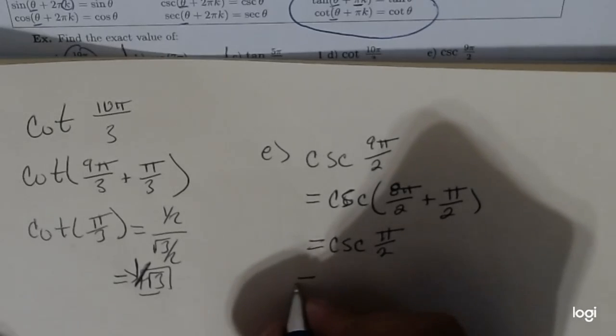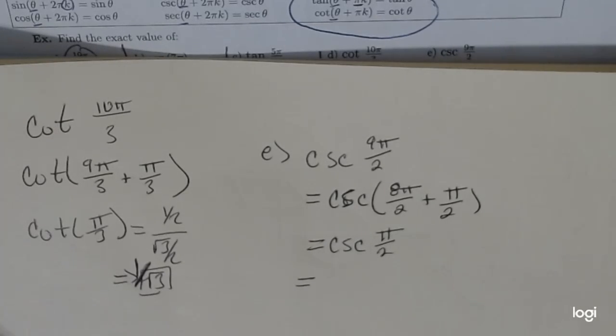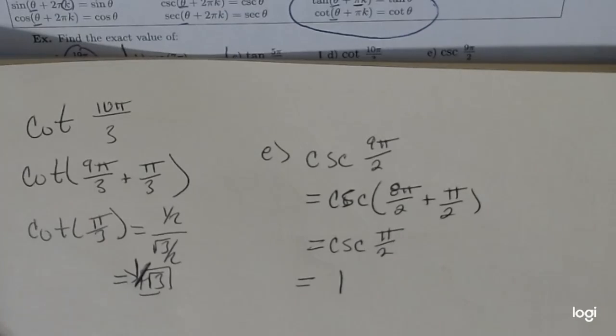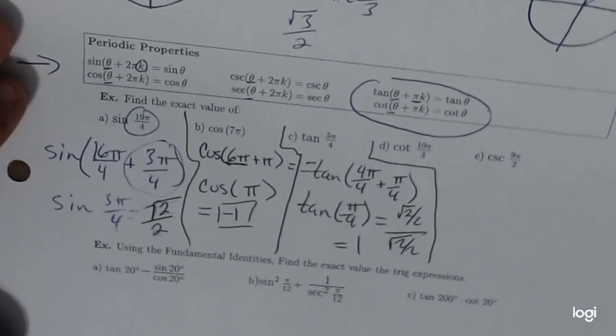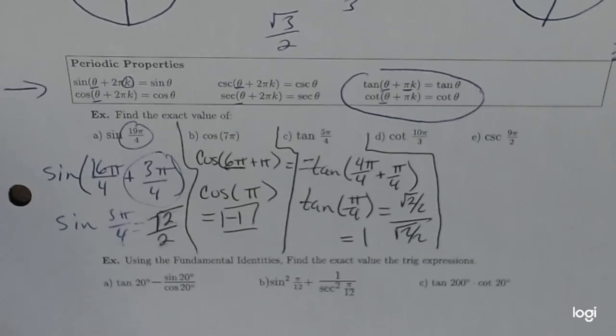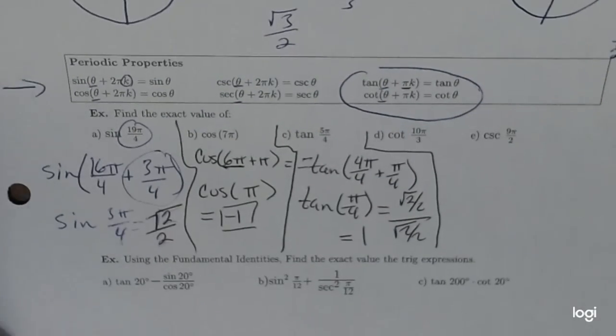All right, so cosecant is 1 over y, so for pi over 2, 1 over 1 is just 1. Okay. So that's how we use these properties to find the exact values when we're just going around and around revolutions on the unit circle. Okay, these kinds of things.